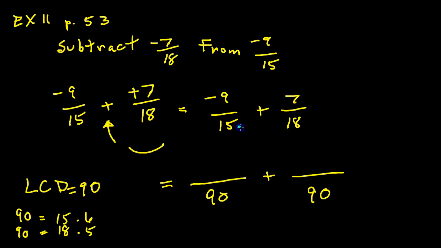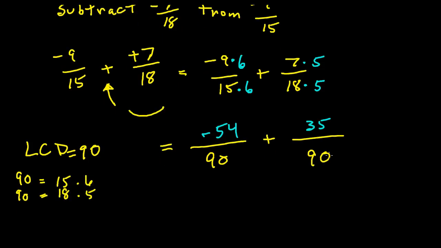Top and bottom, this first fraction, I'm going to multiply top and bottom by 6, because 6 times 15 is 90, right? So in the numerator, I'll end up with a minus 54, my adjusted numerator. Over here in the second fraction, if I multiply 18 by 5, we know 18 times 5 is 90, and upstairs, maintaining equivalence, 7 times 5 is 35.